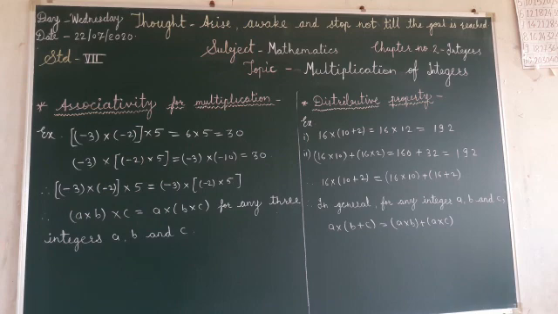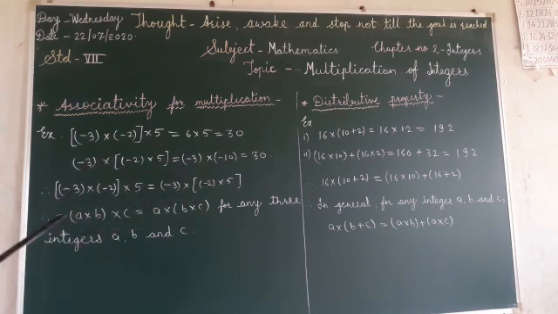So both cases are the same, because on the right hand side we get 30 and 30, so the left hand side is also equal. Both sides are equal.